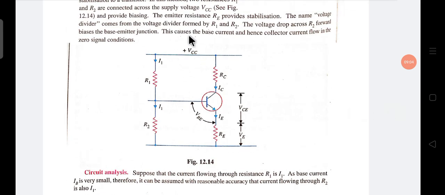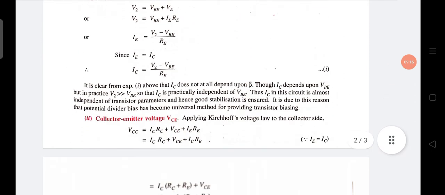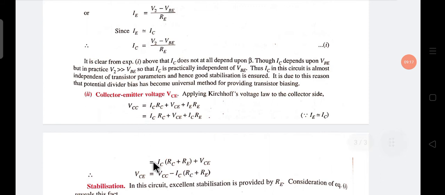In this closed loop you can apply KVL. From this expression we calculate VCE equals VCC minus IC times RC plus RE.